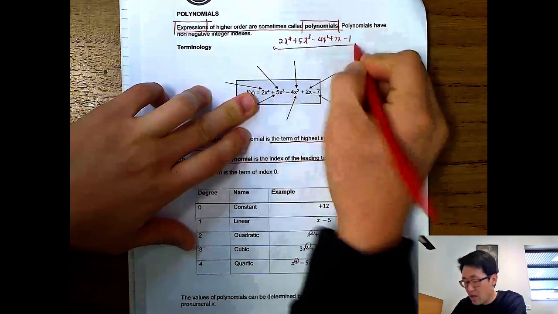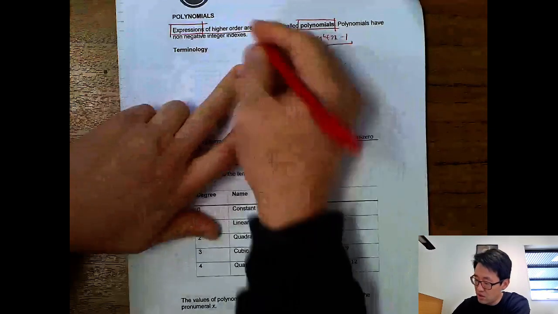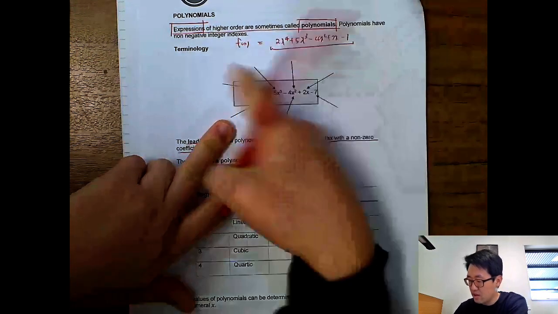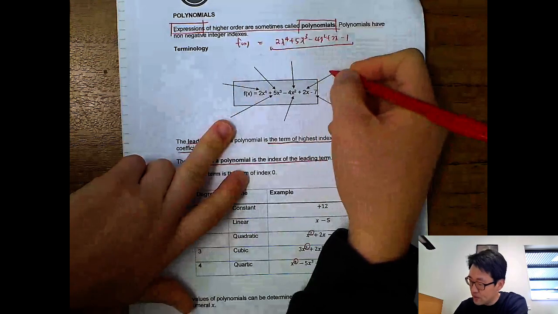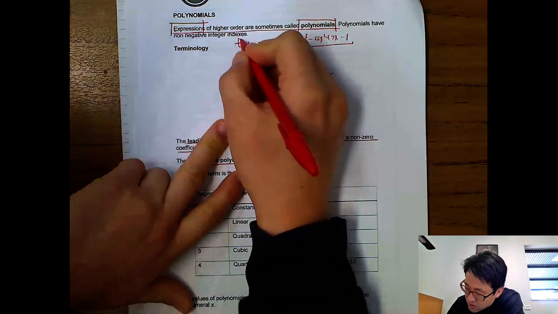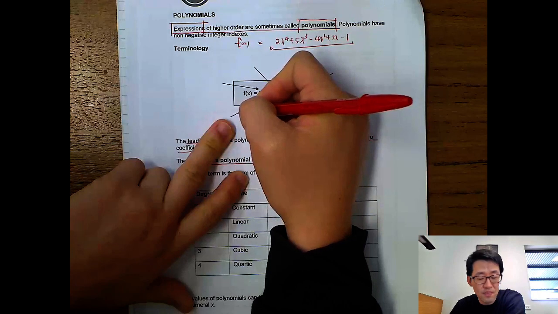If I write that without an equal sign, that's an expression, isn't it? Expression and another expression, and we equate them, that will make a polynomial. Or in this case, if you see the F sign here, that stands for function.